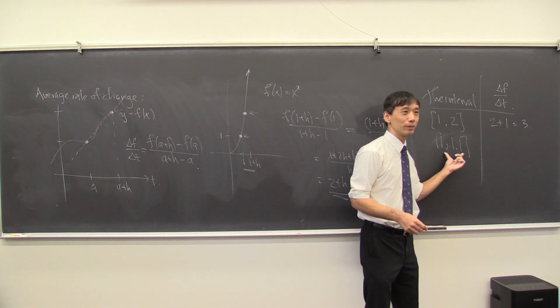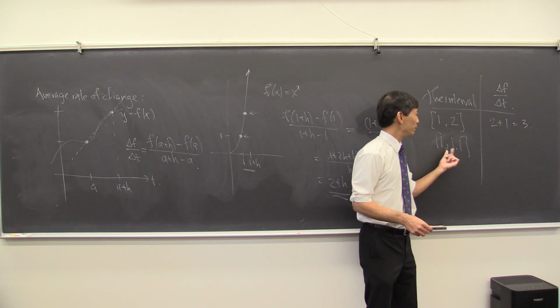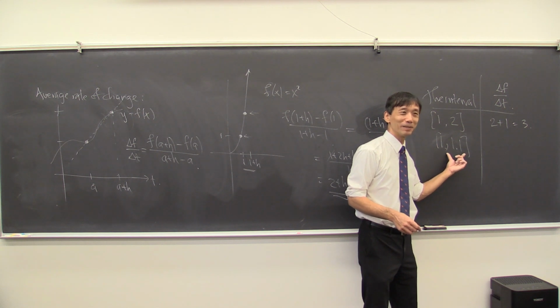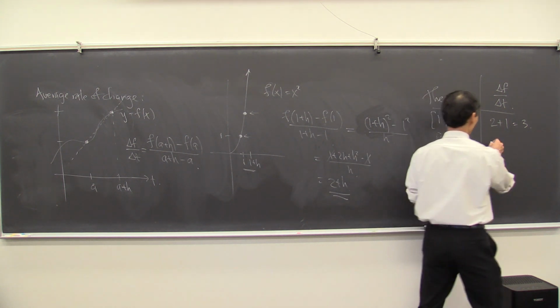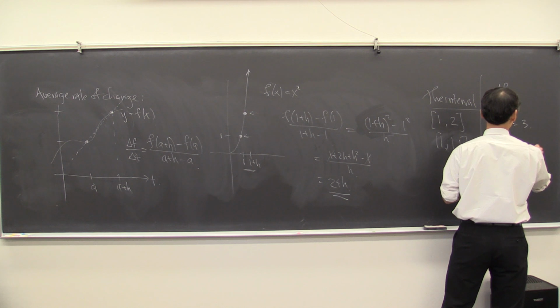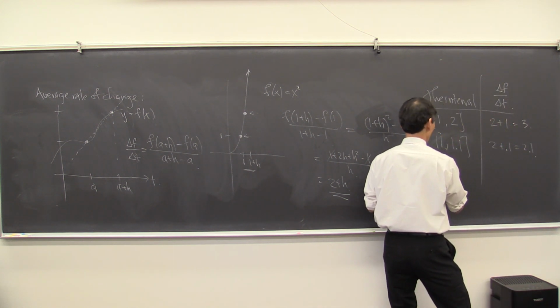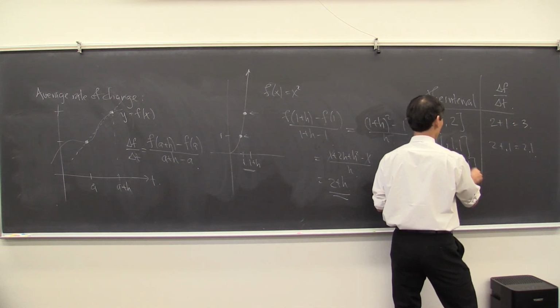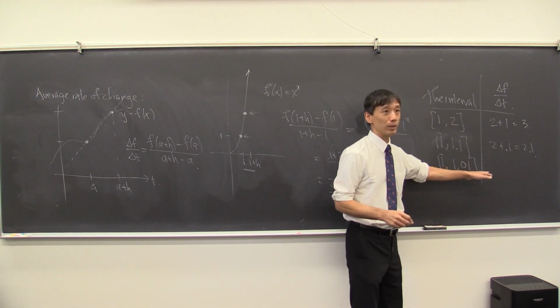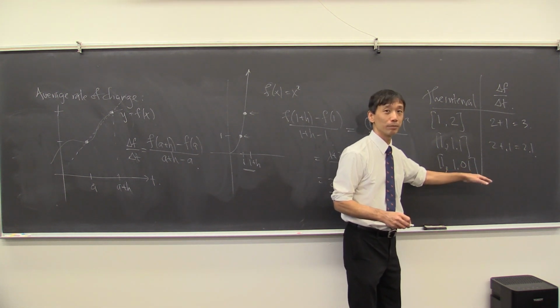What's the length of this interval? Starts at 1, goes to 1.1. What's the length? 0.1, thank you. So you get 2 plus 0.1, 2.1. If we're at like 1 comma 1.01, well then what's the average rate of change going to be?